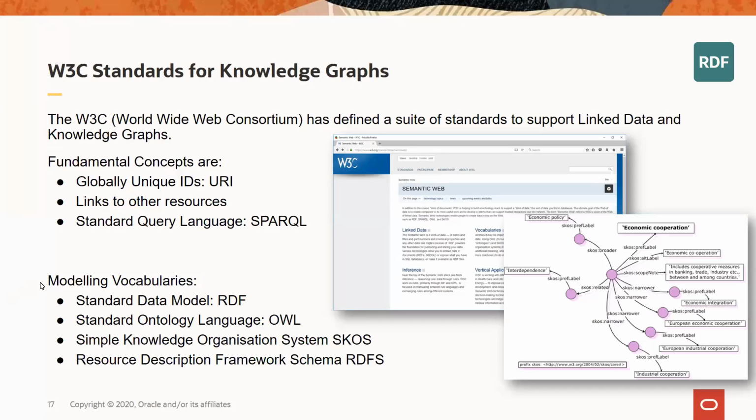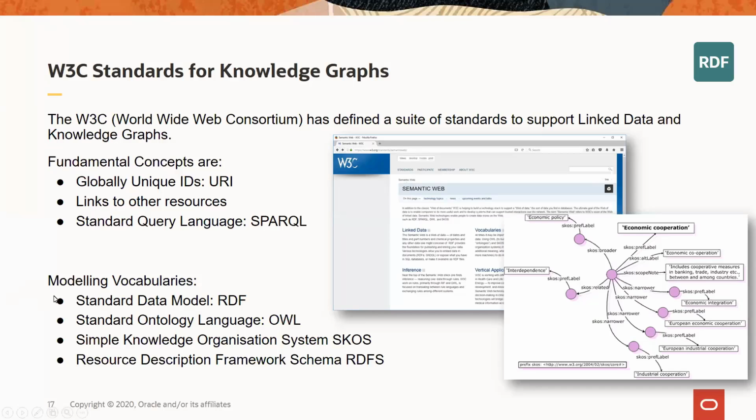There were other standards that were proposed with the linked data, with the semantic web. These are vocabularies used to describe your data. So you can use these, such as OWL and SKOS. These are standard ontology languages and simple knowledge organization systems to describe your links, your edges between your data.